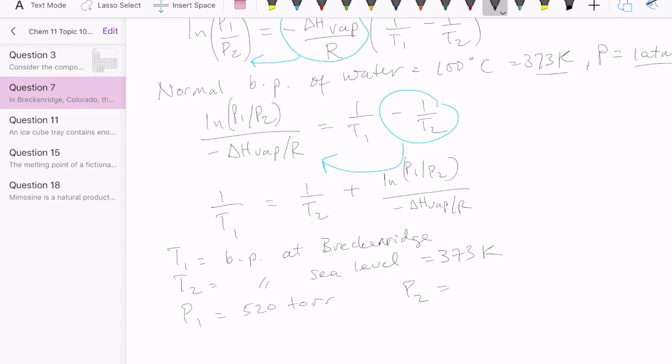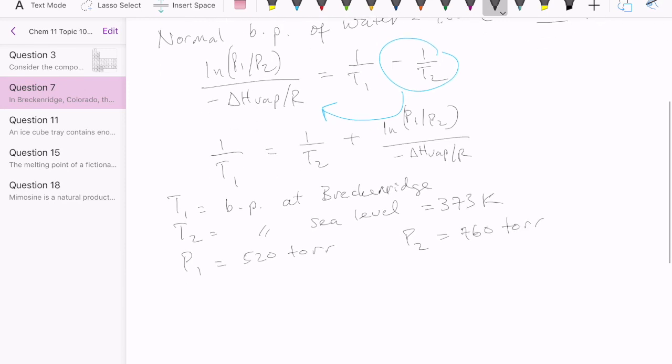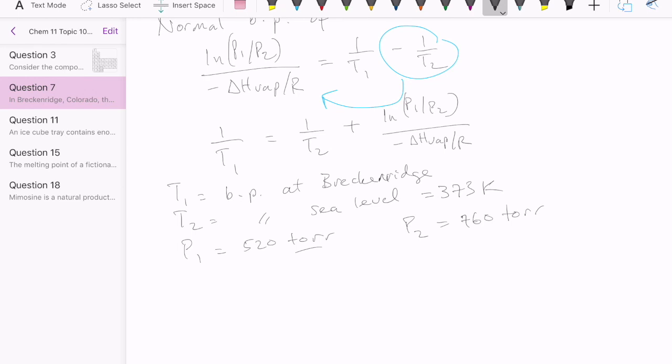P2 is the pressure at sea level, which, as you know, is 1 atmosphere or 760 torr. I'm using torr here because the question gives us torr originally. The gas constant is this value for the joule per mole Kelvin unit, and then the enthalpy of vaporization is 40.7 kilojoules, or we can write it as 40,700 joules per mole.